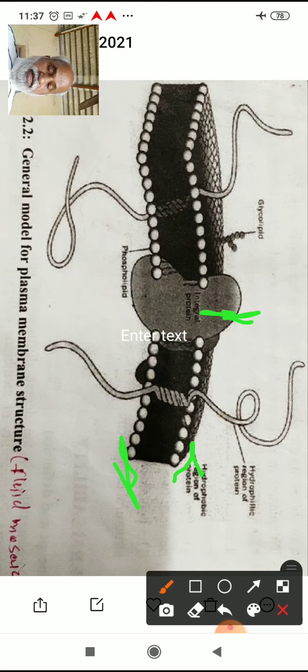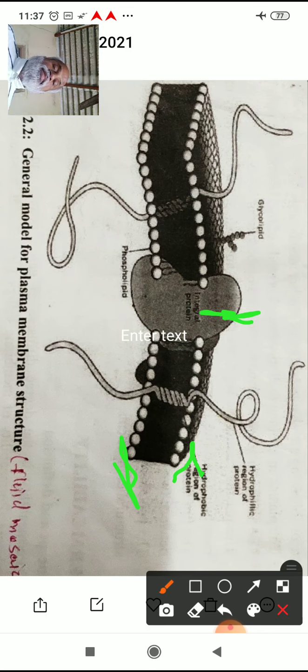This creates a partially permeable membrane and allows certain substances to diffuse through the membrane. One more component of plasma membrane is cholesterol, which maintains the fluidity of the cell membrane.